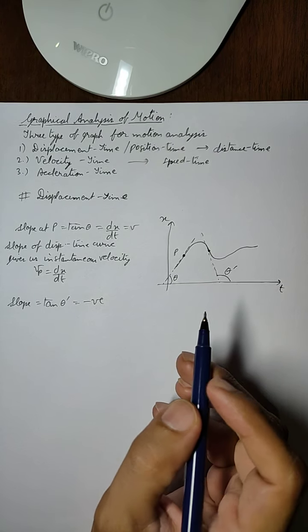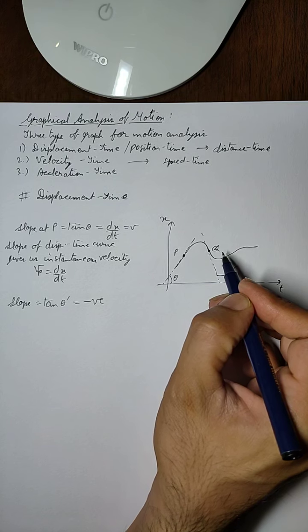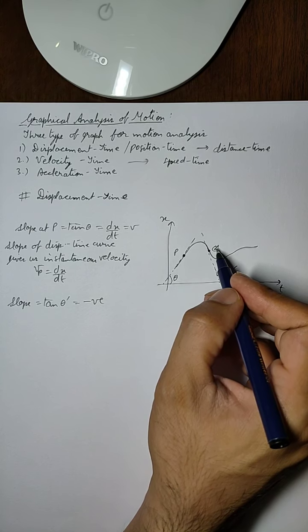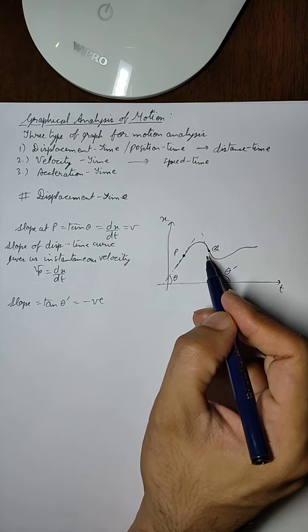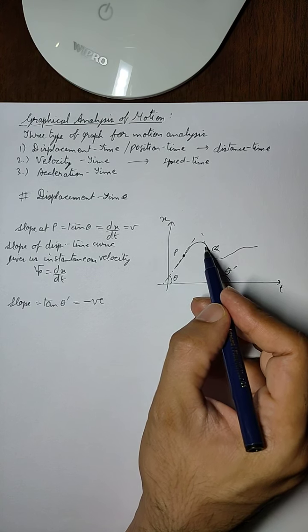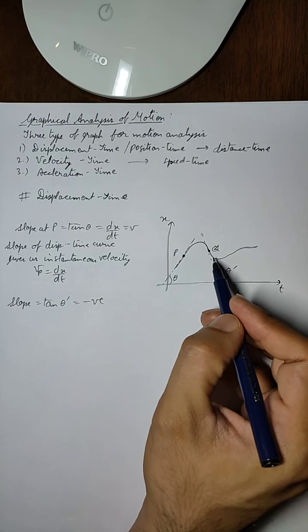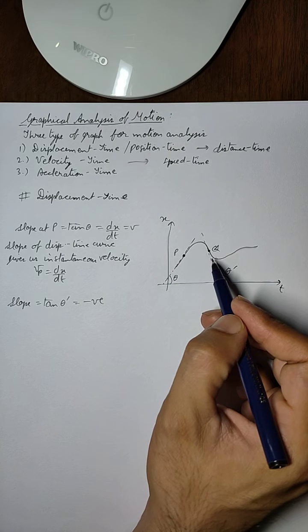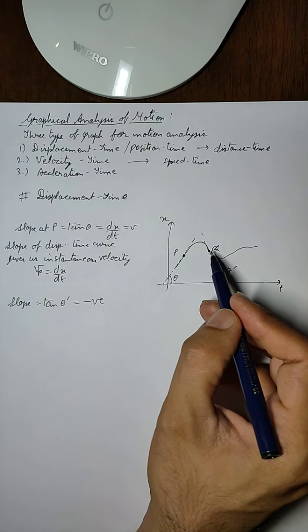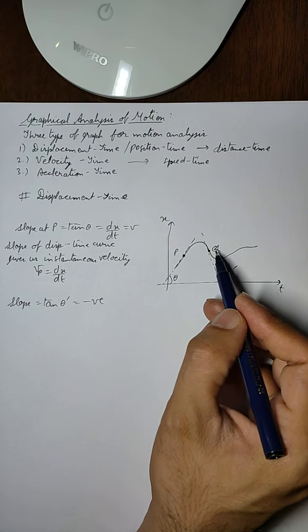So what we can say about this is that at point Q, the displacement is decreasing. By decreasing, we mean that the object is coming towards the origin, the starting point. That's why we say that it is decreasing.